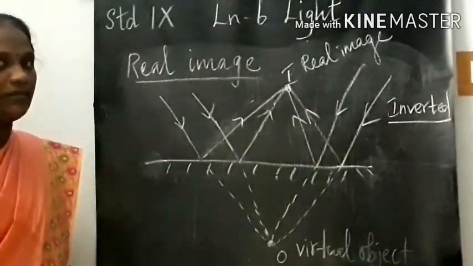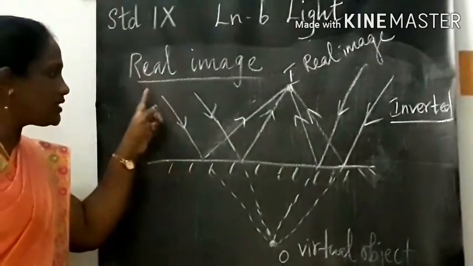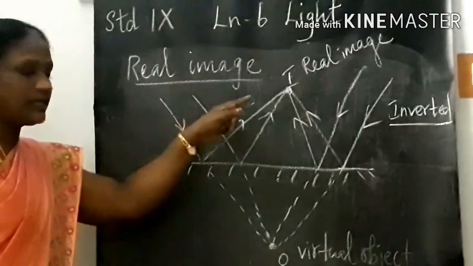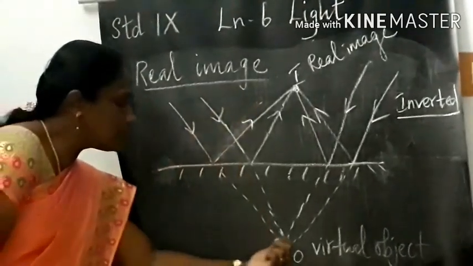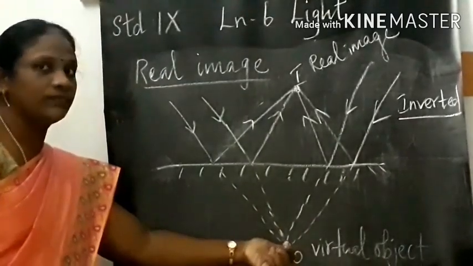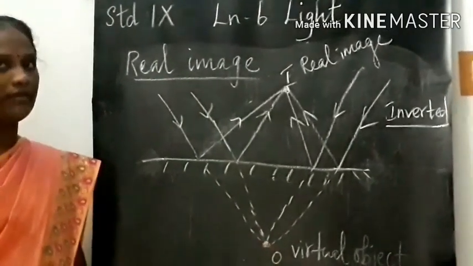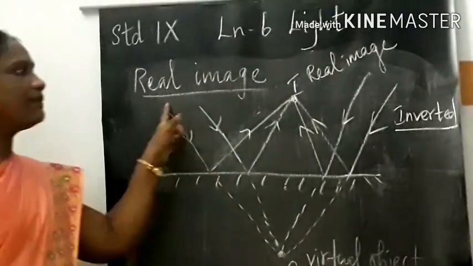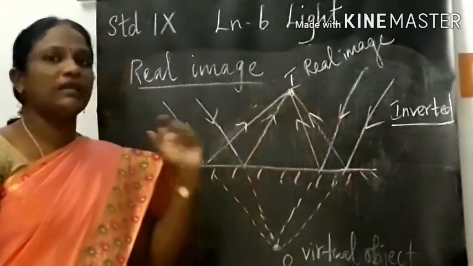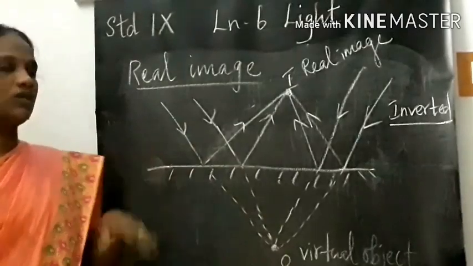So what is a real image? The light rays coming from a distant object, after reflection, meet at a particular point. So this is called a real image, and the real image will be an inverted image. This real inverted image can be caught on a screen.